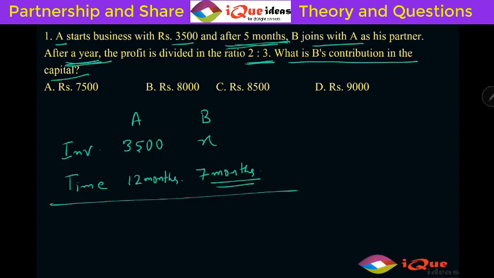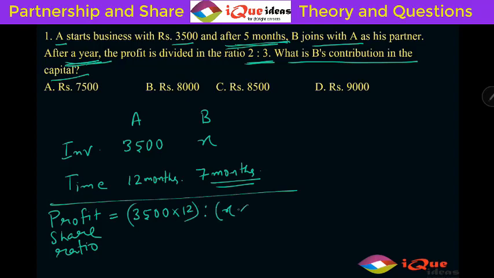Now, when we calculate the profit share ratio, what do we do? We multiply the investment and time, right? So in this case, for A, it will be 3,500 investment into the time 12 months. For B, it will be X investment and 7 months time, right?